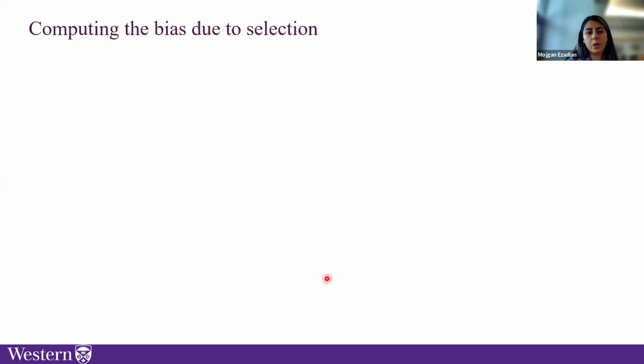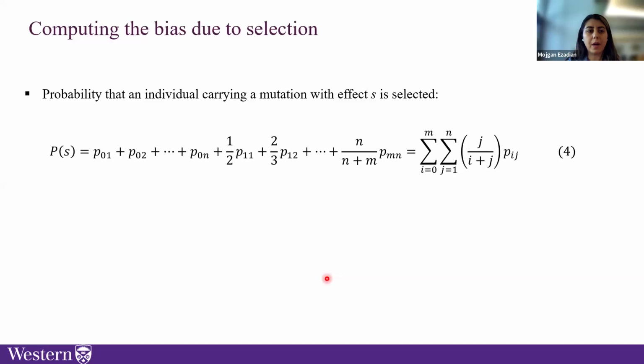So now we want to compute the selection bias. In order to get the relative bias, we need the probability that an individual carrying a mutation with effect S is selected, so it's like the equation P of S. So P_MN is when we have M wild type individuals and N mutated.